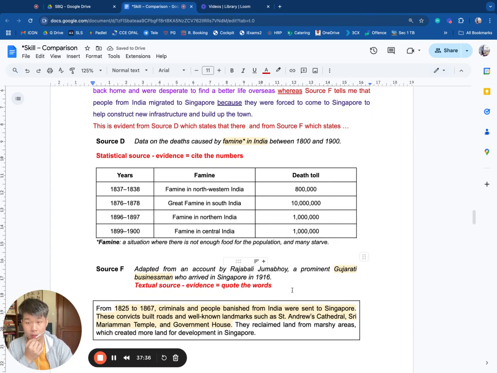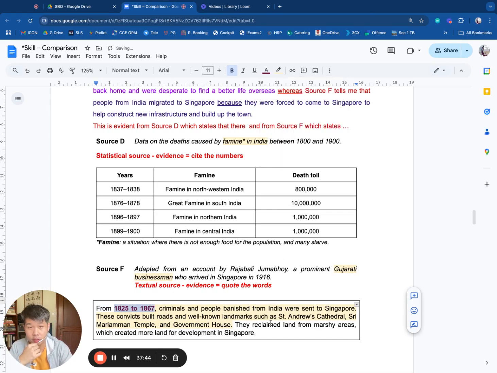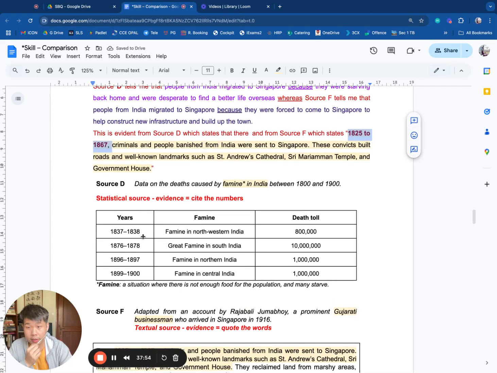Maybe we can look at the period here, 1825 to 1867. There's a trick here. Haven't you realized there's a trick? What's the trick? If this is my evidence for source F, that is 1825 to 1867, the trick is that I have to look at only this number.